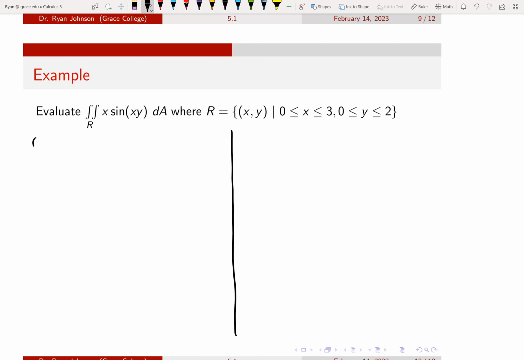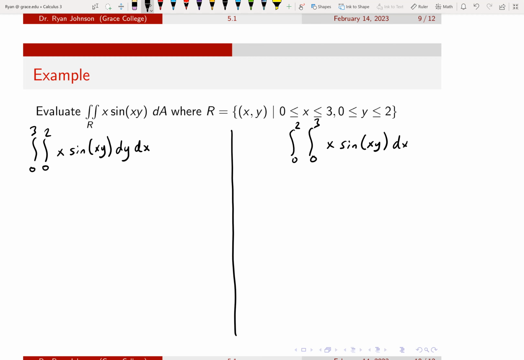So setting them both up, I'll do x on the outside over here, 0 to 3, 0 to 2, x sine of xy dy dx. And then I'll do y on the outside, 0 to 2, 0 to 3, x sine of xy dx dy.